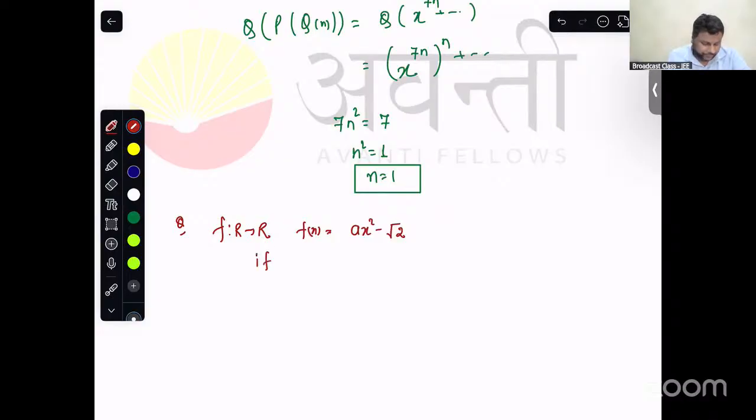If f o f of root 2 is minus root 2, find a.